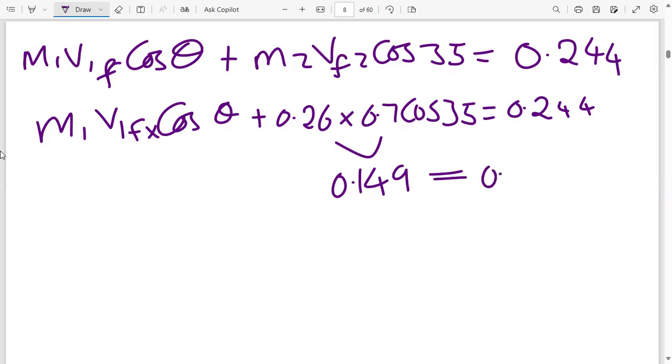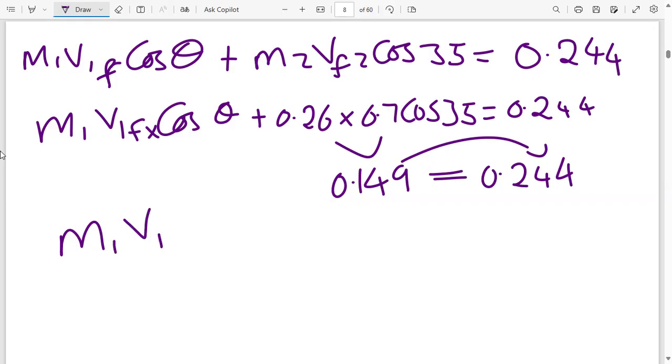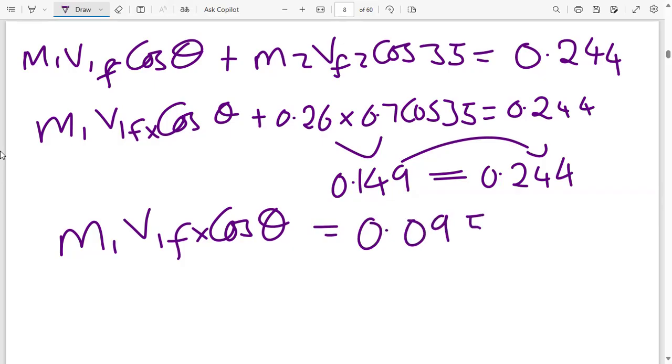This is equal to 0.244. So I'm going to take this guy to the other side of the equation. Hence, I have mass of 1, velocity of 1 final in x, cos theta, being equal to 0.244 minus 0.149. So this is equal to 0.095.